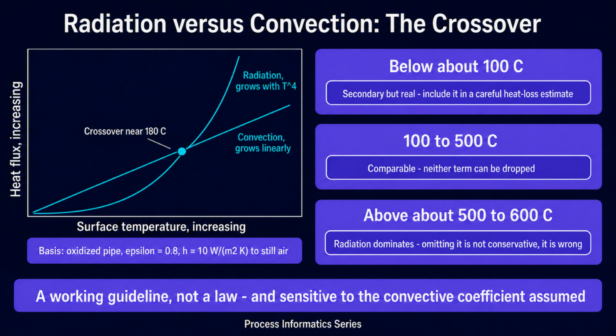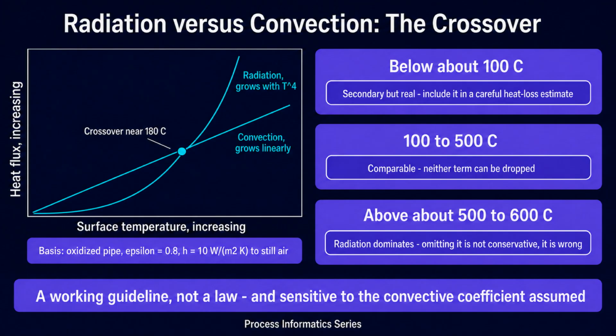At 150 degrees Celsius, radiation is slightly below convection, a real contribution but not the dominant one. By 300 degrees Celsius, it is 1.65 times convection, and by 600 degrees Celsius, it is 4.5 times. The crossover, where the two are equal, falls near 180 degrees Celsius on this basis.